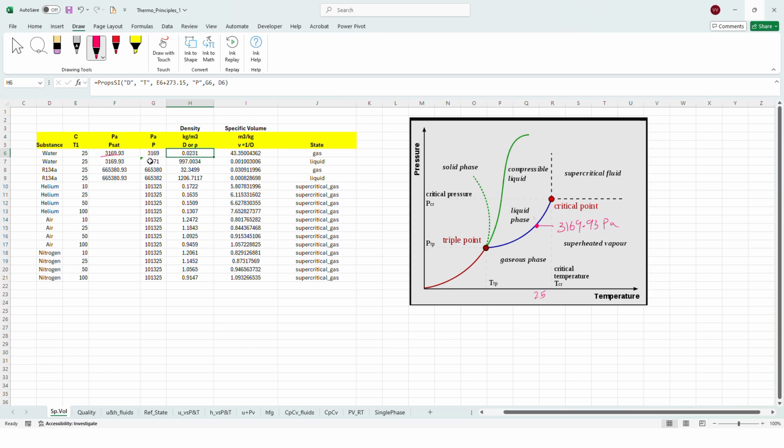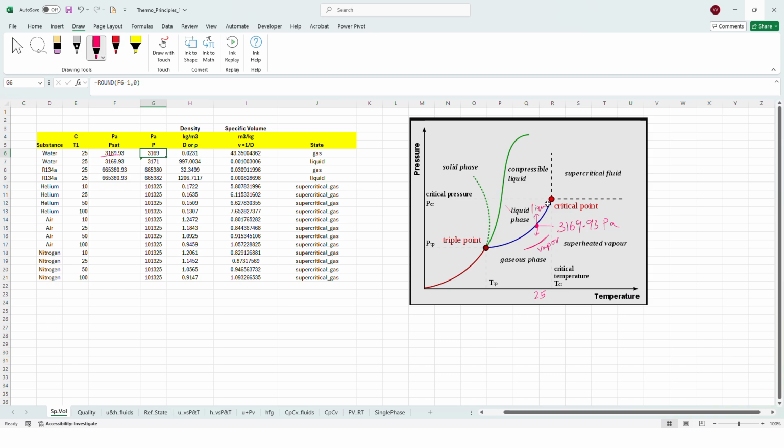Okay, so I calculated the saturation pressure using the PropsSI function for quality 1. Now, if I go 1 pascal lower, what happens? So if I go slightly lower than this, I'm in the gas phase or vapor phase. Okay. If I go 1 pascal above in pressure, I'm in the liquid phase.